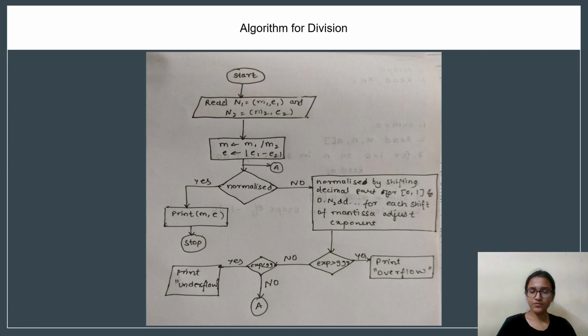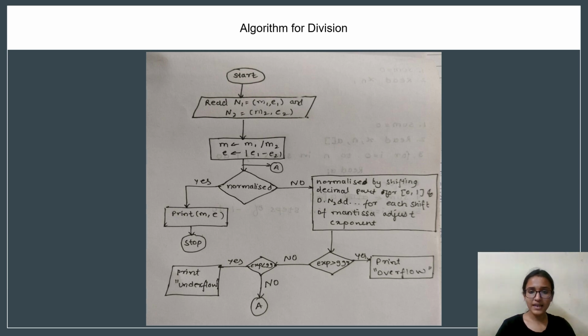The process for dividing two numbers is the same as in the case of multiplication and subtraction, that is, taking numbers as input with separated values of mantissas and exponents, and then dividing the greater mantissa by the smaller one, and the difference of the exponent values will be stored in an exponent variable, which should be a positive number, and then check whether the obtained number is normalized or not.